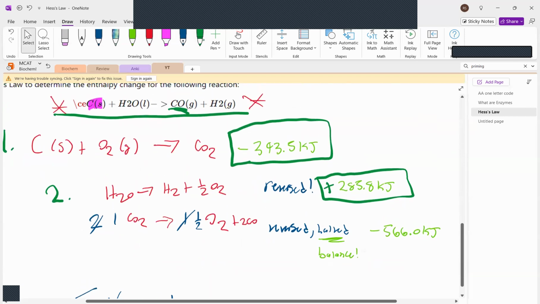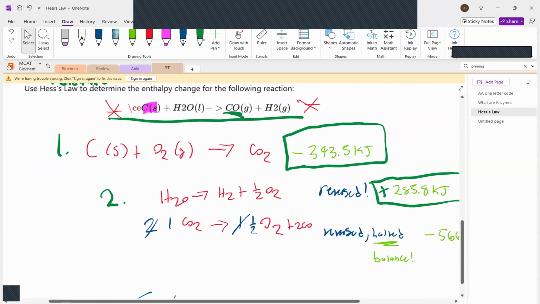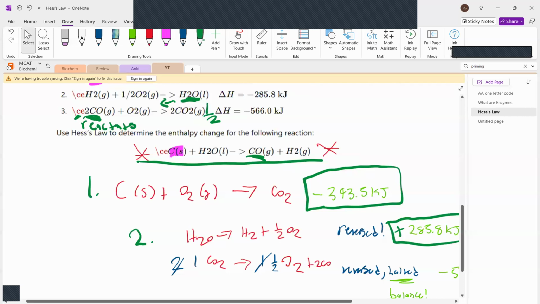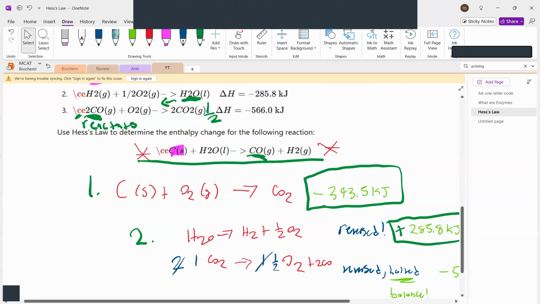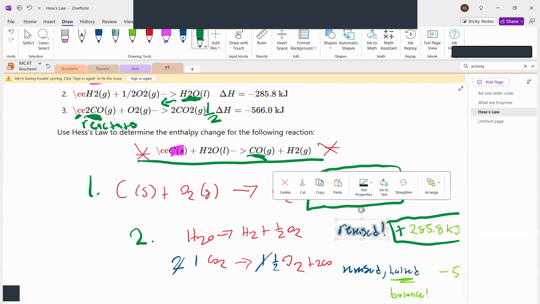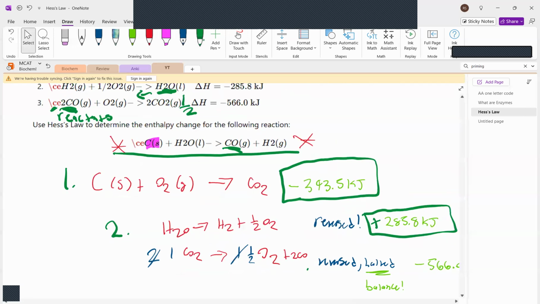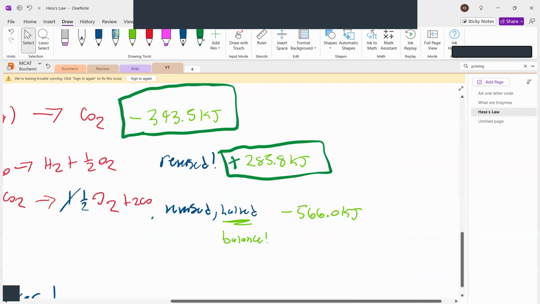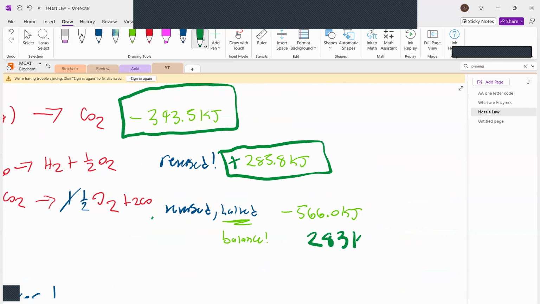And then for equation 3, there are 2 steps that you have to do. Always make sure that the equation is balanced. The first thing you want to do is multiply this by 1/2. So you would multiply 566 times 1/2, and math isn't my strong suit, so let me pull up a calculator just to make sure everything's okay. It's 283 kilojoules.